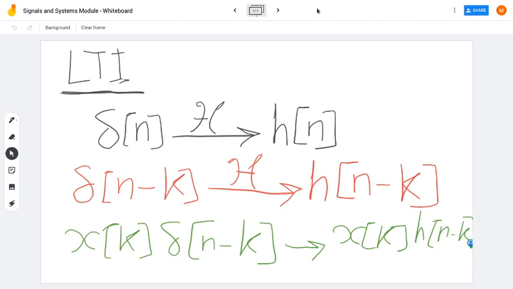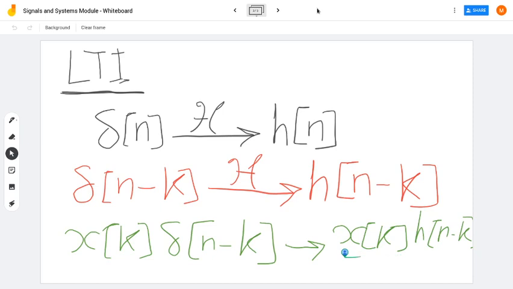And here one might ask, how can we say x of k is a constant? It's constant with respect to the time n, because the time is n. Delta of n minus k is a function of time, but x of k is constant with respect to time. That's why, using the linearity property, you can multiply by a constant at the input and the output will be multiplied by the same constant. This was called the homogeneity property.